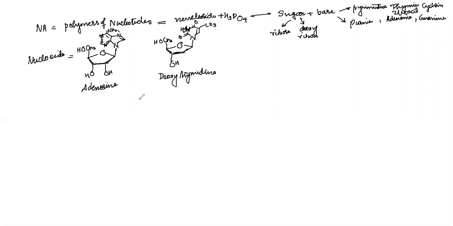Now, one more thing you can note: ribose with thymine, that is, the first one is ribose adenosine, right? Ribose connected with thymine is not seen, not observed.